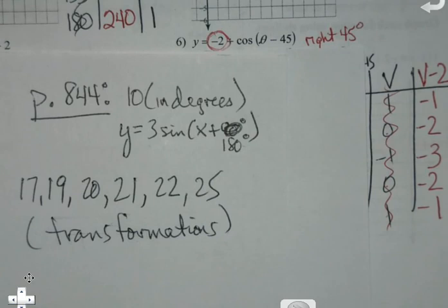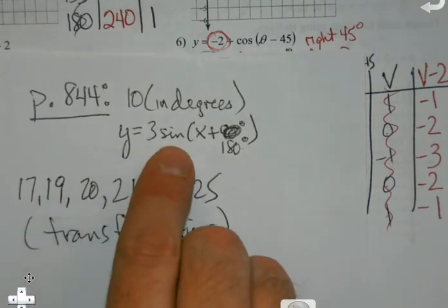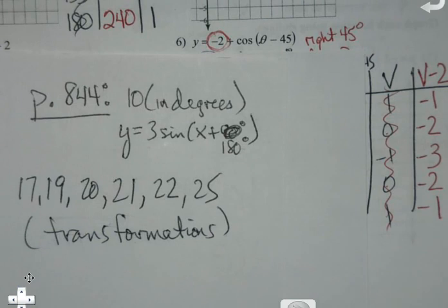On 844, number 10 right now is written in radian form, but I want you to get practice doing it in degrees like we did, so I changed it. The problem you're actually doing is y equals 3 times the sine of x plus 180, because in the book it says x plus pi. That's the one graph I want you to do to get a little bit of play with this.